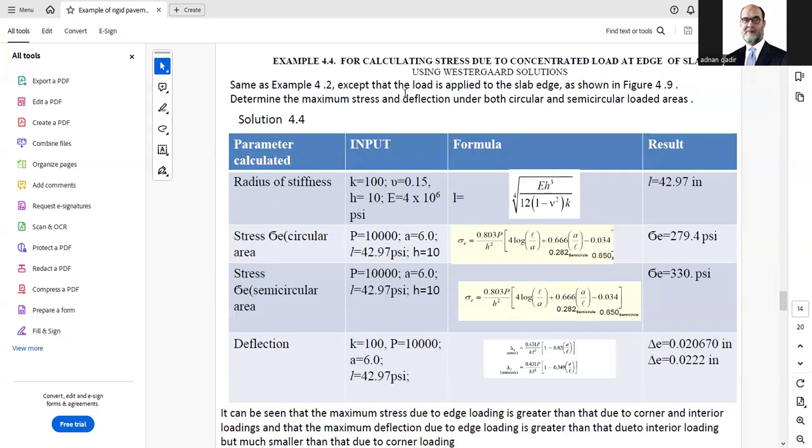So if you want to calculate stress at the edge of the slab, this is the table and this is the solution for example 4.4. We have to find the radius of stiffness. We know the formula, we found 42.9. Stress due to the circular area we found as 279.4 psi. And the stress on the semicircular area is 330 psi.